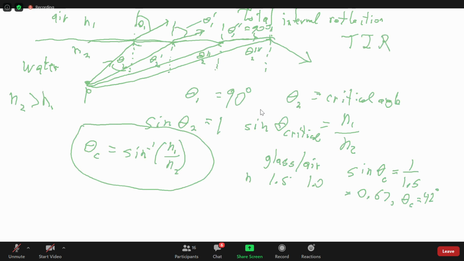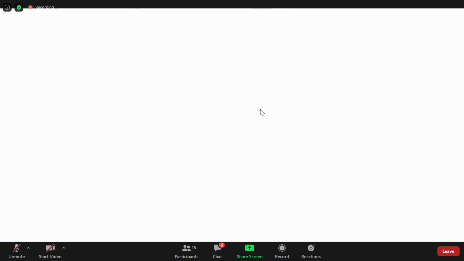Okay, let me tell you now, one of you, Tehan, already told us about the fiber optics. I'll mention that in a moment. Let me tell you another interesting application. I'll clear this if you don't mind. Anybody ever used binoculars?